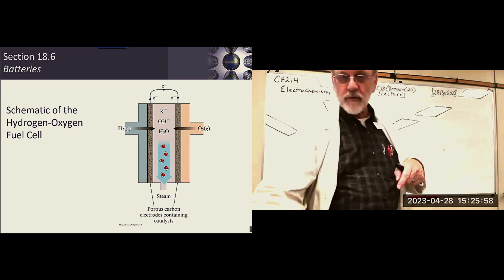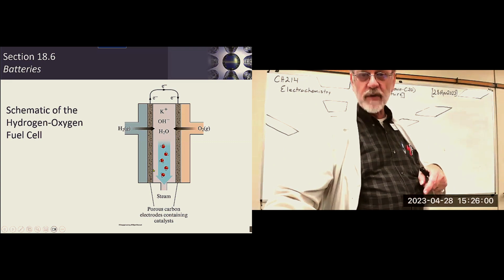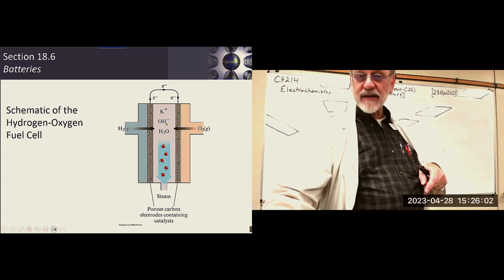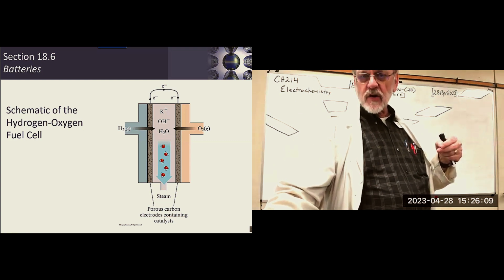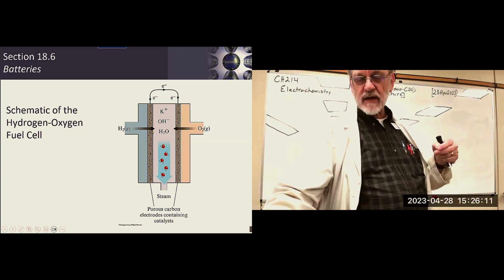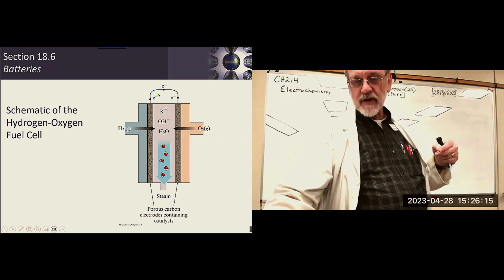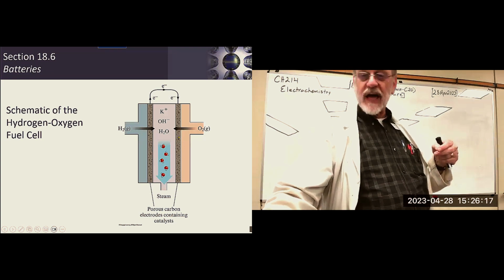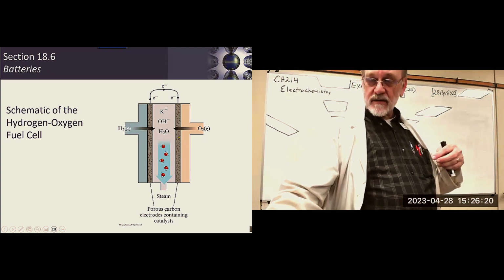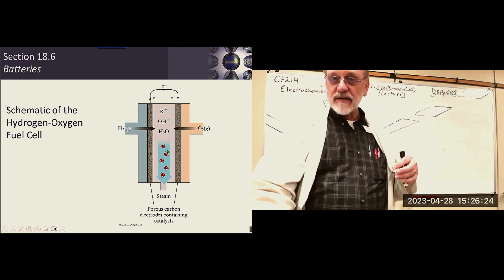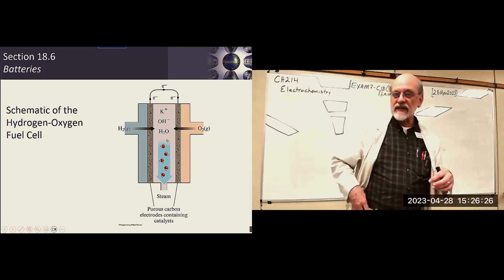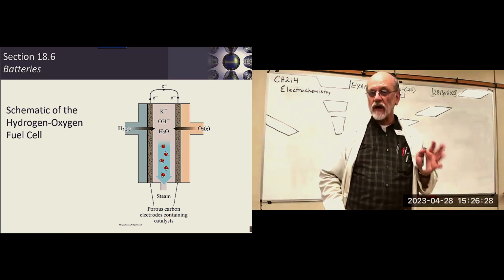They diffuse through the membranes, these porous carbon electrodes, and when they combine, the anode reaction occurs here on the hydrogen side, and electrons are then dumped into this electrode, and they go through an external circuit, and they show up on this side, and that's where they reduce the oxygen. And the product is water. That's it. That's all you get out of this is water.